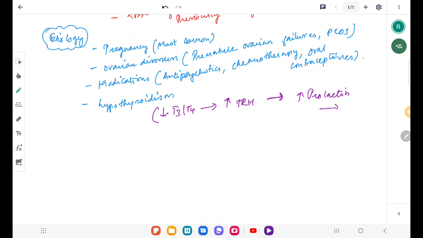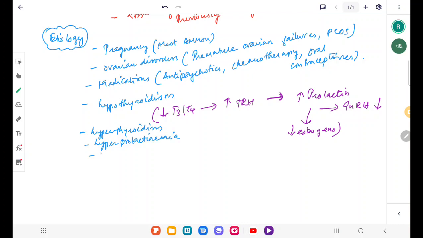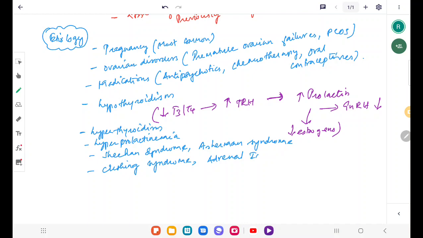Alright, so that results in decreased secretion of gonadotrophin releasing hormone as well as decreased secretion of estrogens that could cause secondary amenorrhea, and it could be hyperthyroidism, hyperprolactinemia, Sheehan syndrome, Asherman syndrome, Cushing syndrome, adrenal insufficiency, and it could be hyper or hypogonadotrophic hypogonadism.